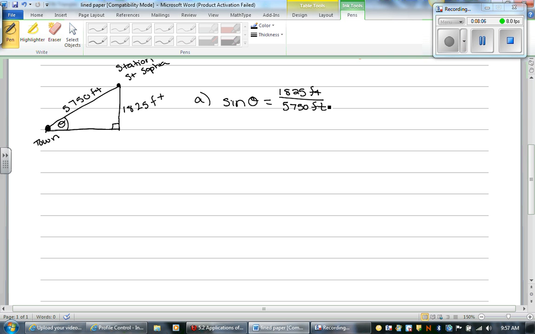Since we're looking for the angle, we just go ahead and take the inverse of this quotient. When we put it into our calculator, that gives us approximately 18.5 degrees. So that's going to be your angle of elevation.